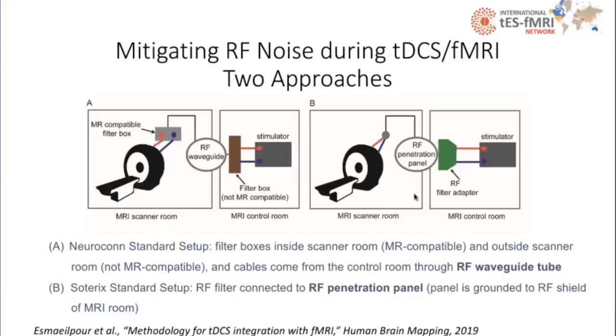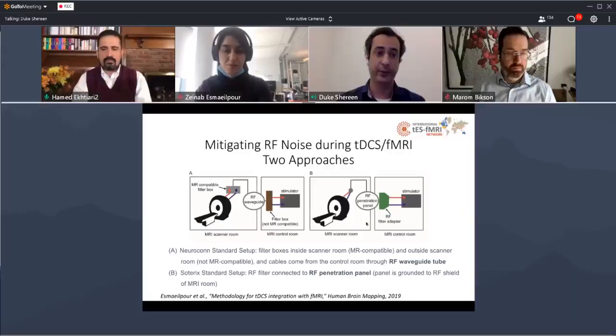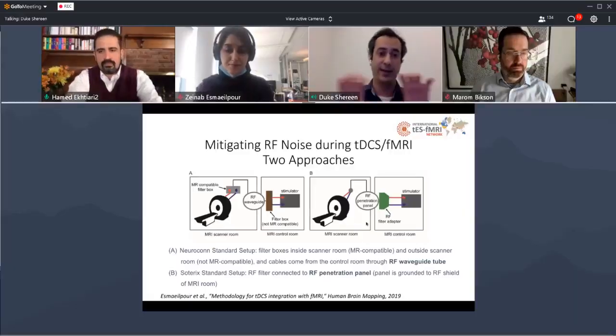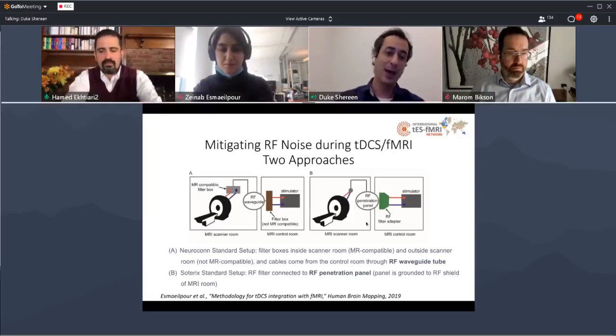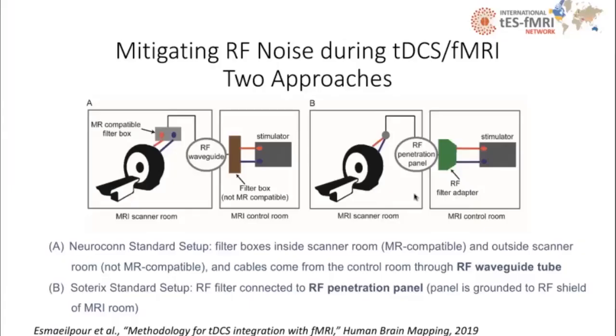And so the panel on the left here shows one setup where you would pass from the power source a cable that goes through a non-MRI compatible filter, right? And from there through the waveguide, that cylindrical hole in between the control room and the scanner room. And that would go into the scanner room to another filter that is MRI compatible before going to the subject.